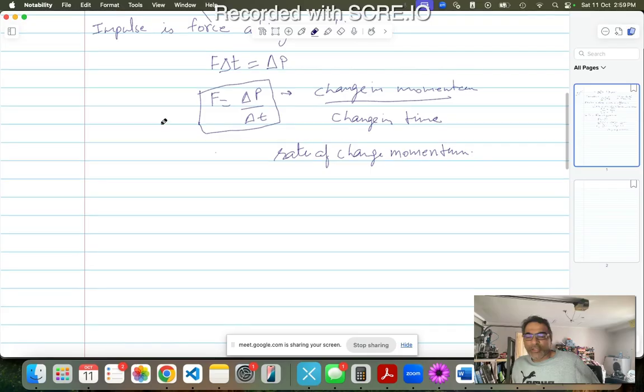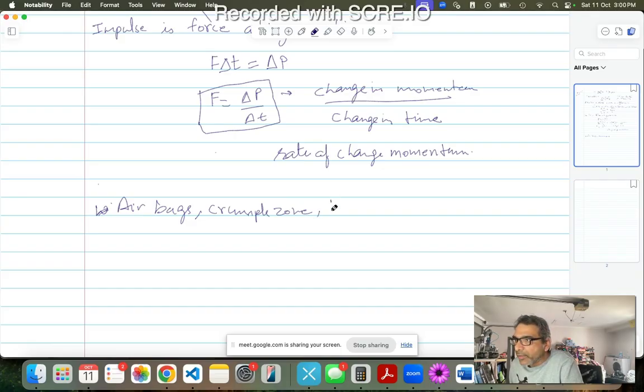Where we explicitly use the examples, we will see airbags, crumple zones, or trampolines reducing injury.